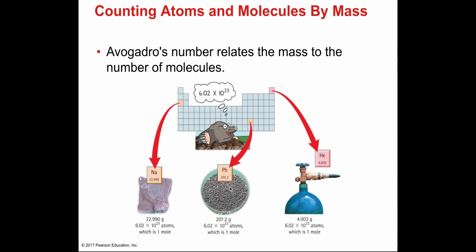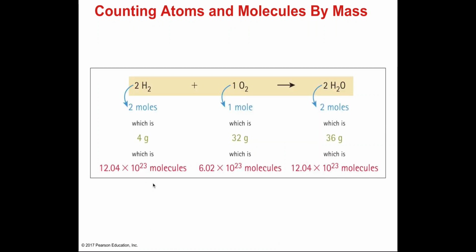The same thing for lead: if I weigh 207.2 grams of lead, it means I have indirectly counted 6.02 times 10 to the 23rd atoms of lead. And this number is what we call the mole. So 6.02 times 10 to the 23rd atoms is equivalent to 1 mole of a substance. The mole is actually a unit that we use for measurement in chemistry. Hope that makes sense.